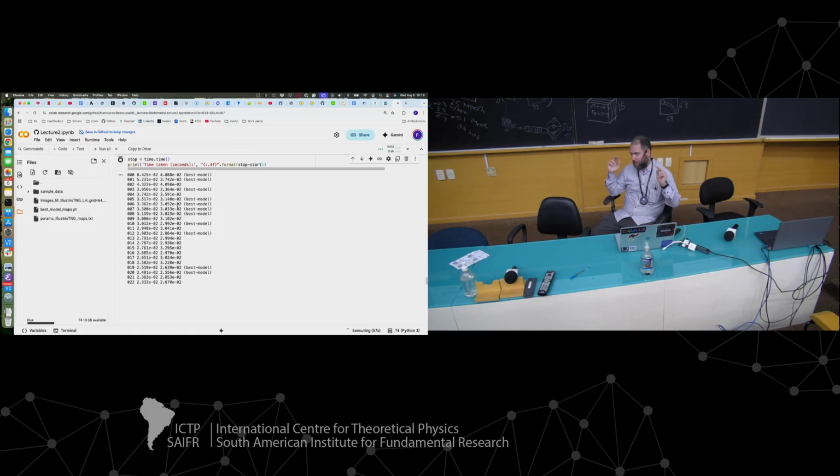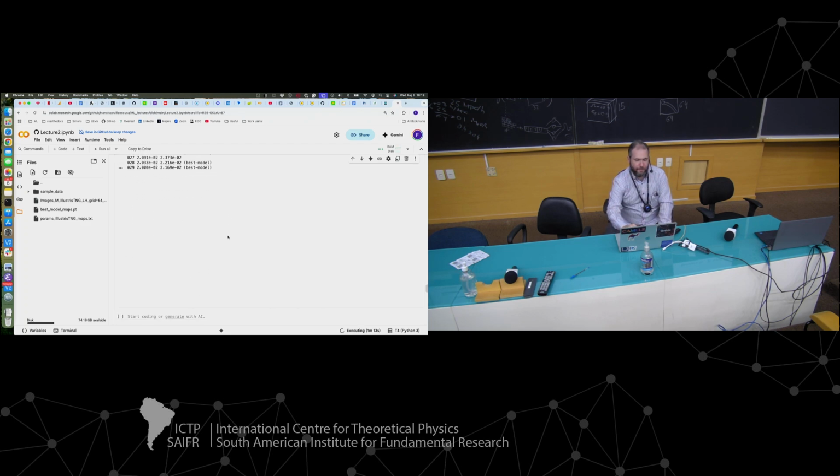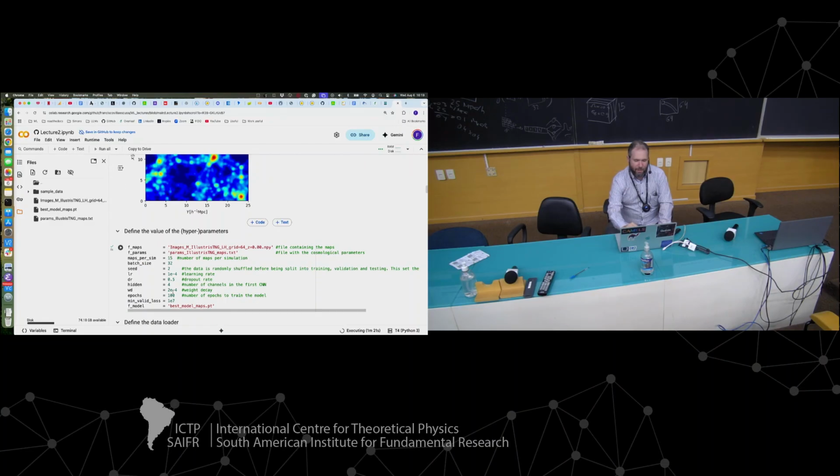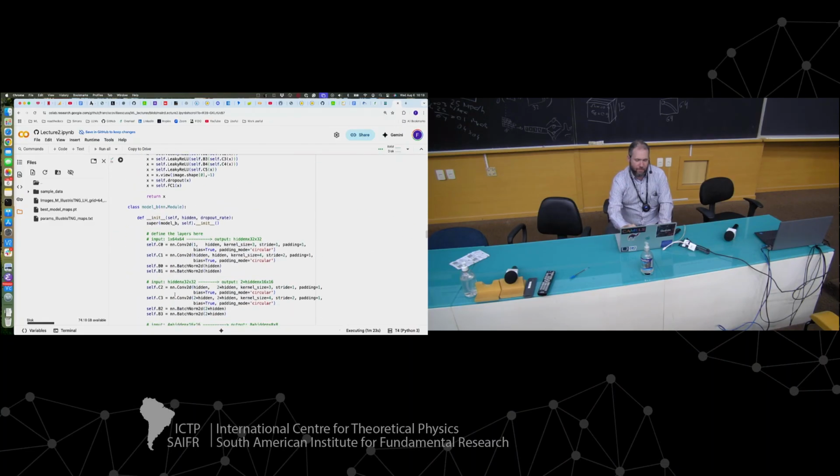Again, I don't want to make claims because people study this in detail, but a naive way to think about this is that the network is learning the optimal summary statistics. So it's going to train. It should take only maybe 2 or 3 minutes. I think we put 100 epochs. So it should be done quickly.